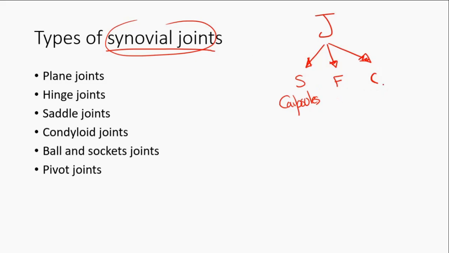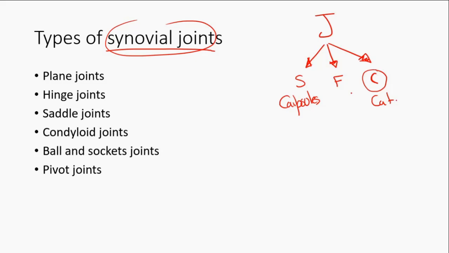And then the cartilaginous joints, oh sorry, I must have confused you there. I meant that the vertebrae and the pubic symphysis are cartilaginous joints, okay? The fibrous joints are there to hold structures together, such as the joints between your skull bones and the joints between, for example, the ulna and the radius.